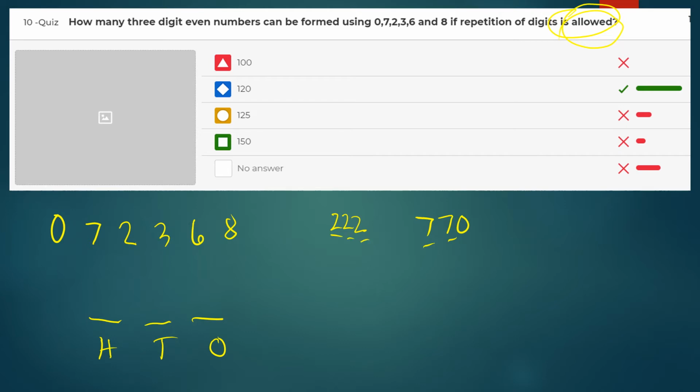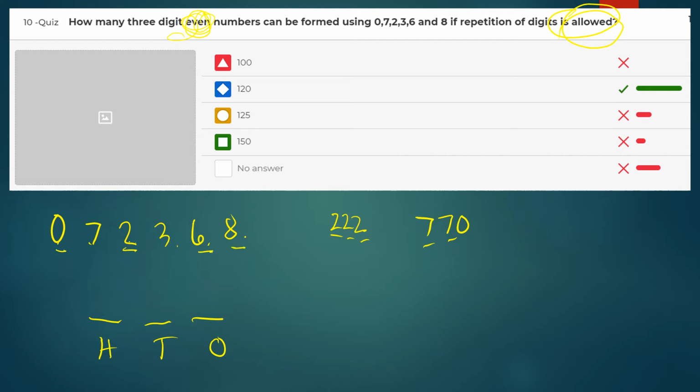So, let us analyze the given numbers here, 0, 7, 2, 3, 6, and 8. Dahil sabi dyan ay even numbers, anyway, you can start anywhere here, no? So, ako I will be starting dun sa ating ones place. So, kapag even number siya, syempre, mag-e-end lang siya with 0, 2, 6, saka 8.